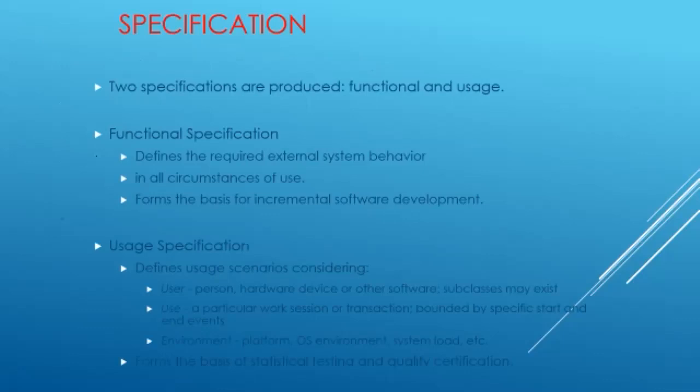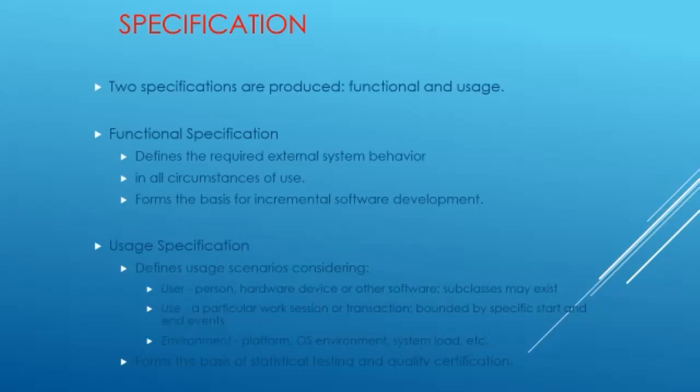Specifications. Here, two specifications are produced, functional and usage. The functional specification defines the required external system behavior in all circumstances of use and forms the basis for incremental software development.